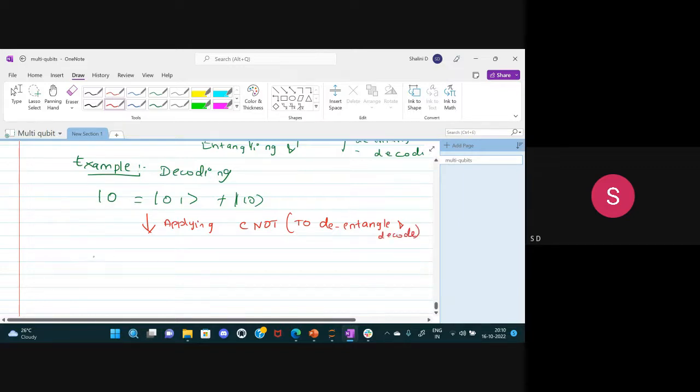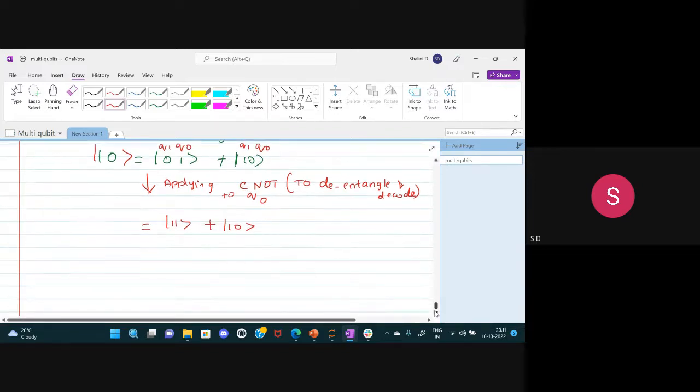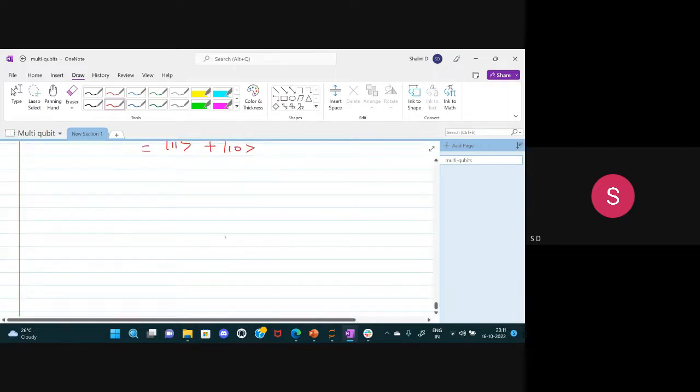What will I get? See, this is Q1, Q0, Q1, Q0. So we have to apply C naught gate, applying C naught to Q0. What will we get? We will get 1 1 plus 1 0. I didn't write root 2 because let it be used for some other time. Okay. I'm just keeping it to easily explain it.